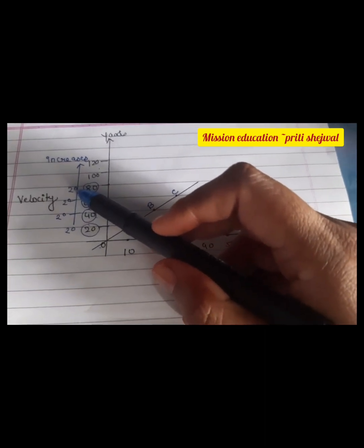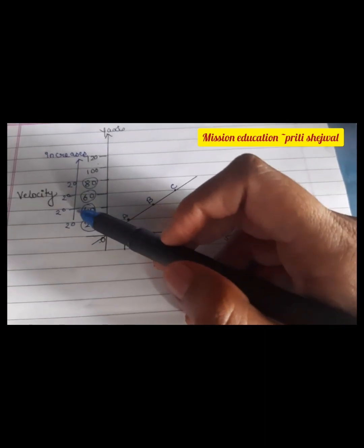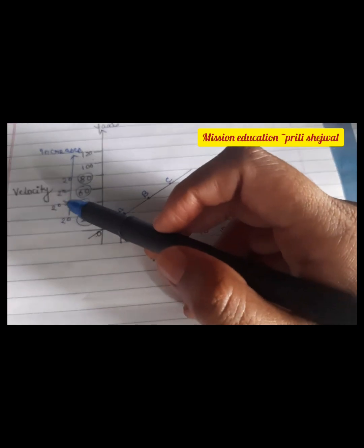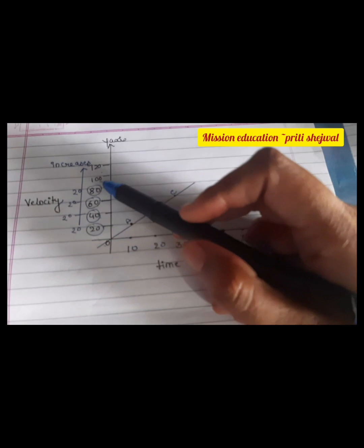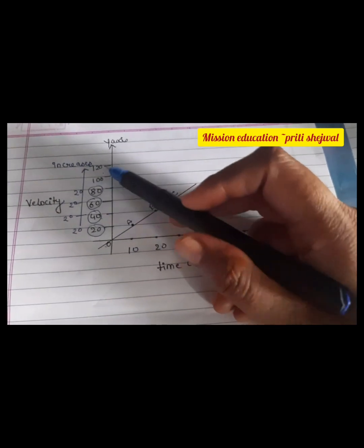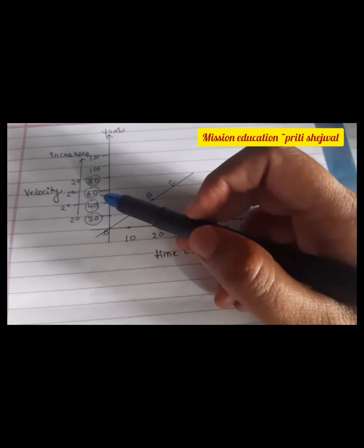Yes, so it is uniform motion because velocity is not changing, and here 20, 40, 60, 80, 100, 120, the velocity is changing. So it is not uniform motion.